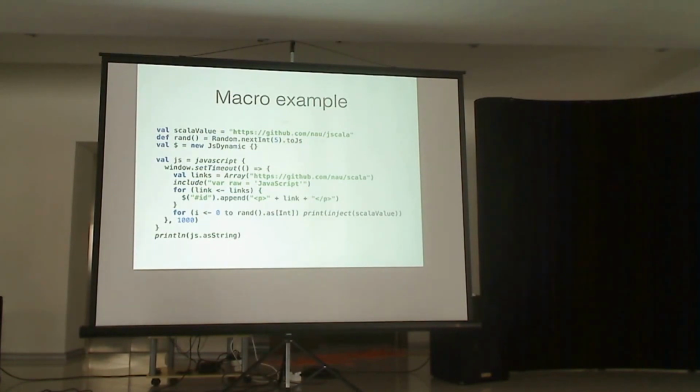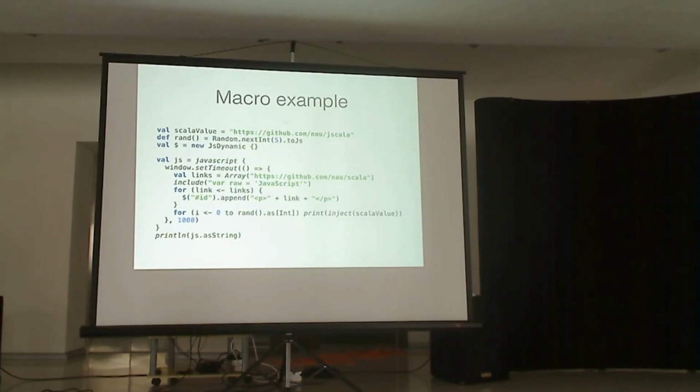So let's take a look at a more complex example. This code does not actually make much sense. It's more like an example of different features. You can see that we create an array here.